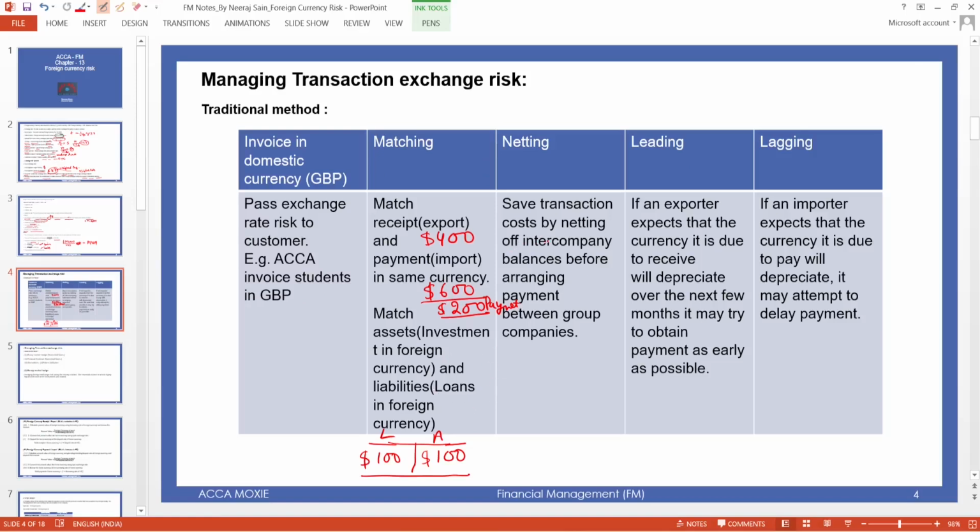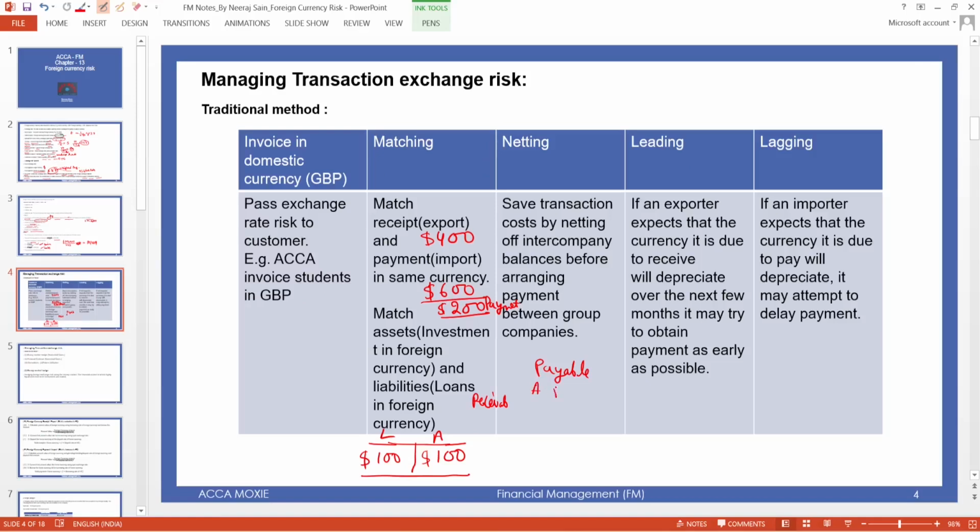the next one is the netting. Netting is very useful when you have so many divisions and they trade with each other and they have foreign currency involved. So what you will do, you do payable and receivable.